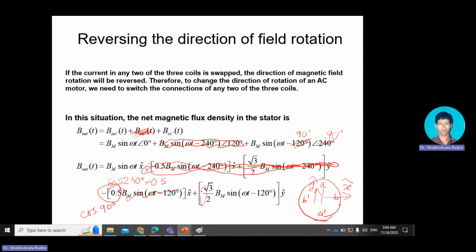Now, what you should have here is sine 90 degree. And this part is also sine omega t minus 90 degree.